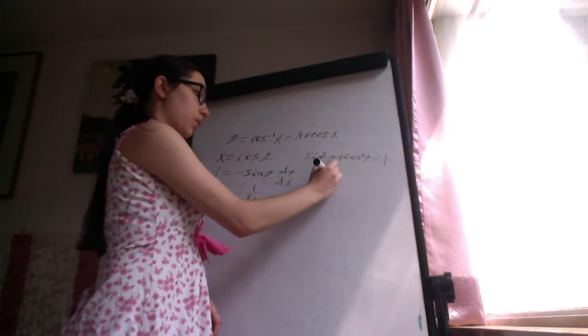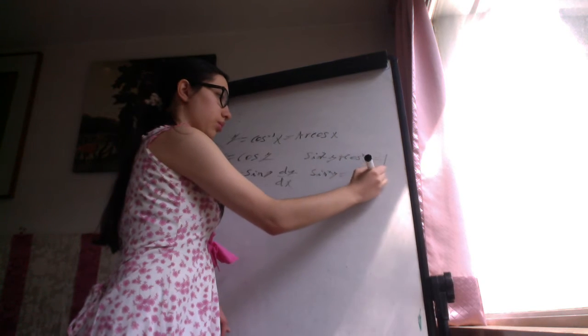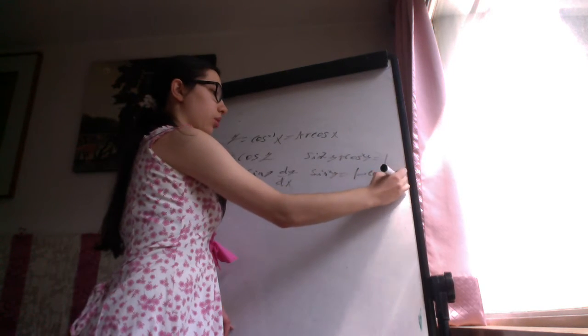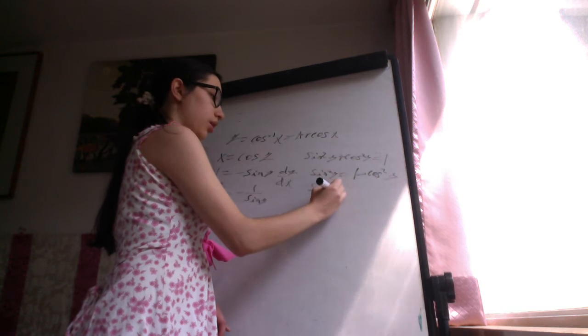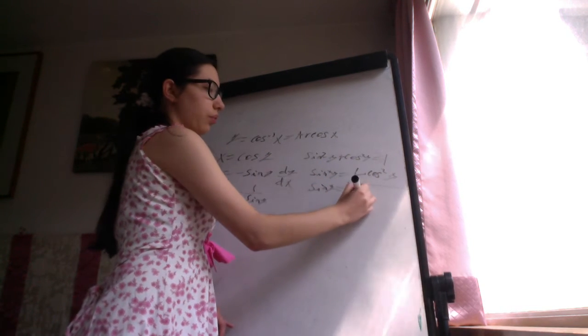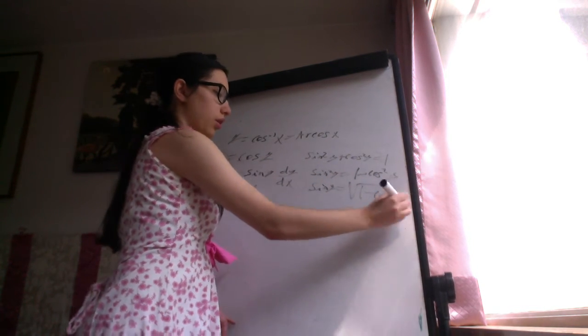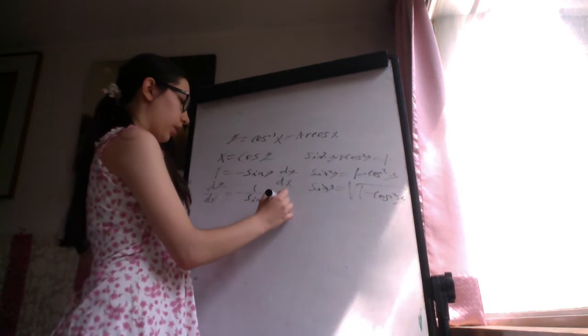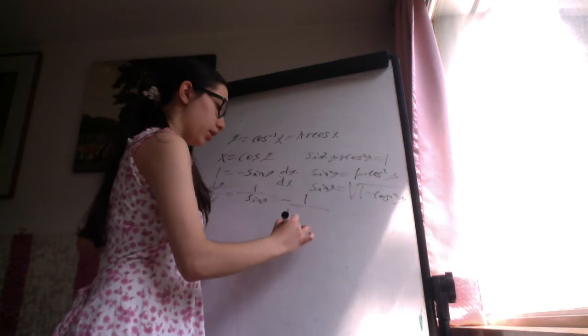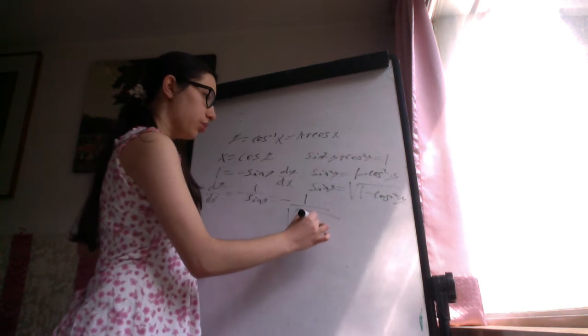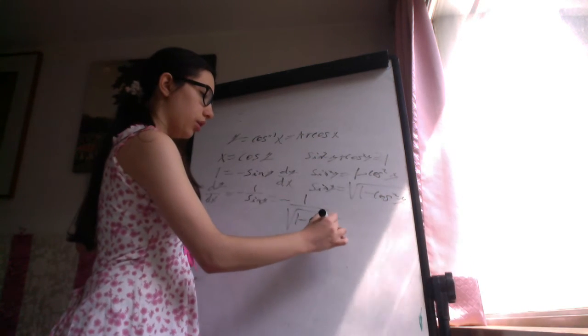So sine squared y is equal to 1 minus cosine squared y. Sine y is equal to the square root of 1 minus cosine squared y. So we have minus 1 divided by the square root of 1 minus cosine squared of y.